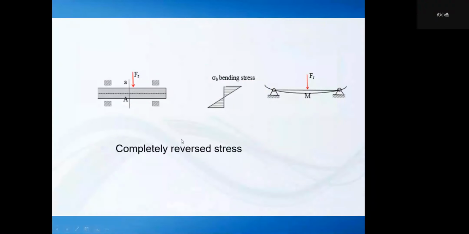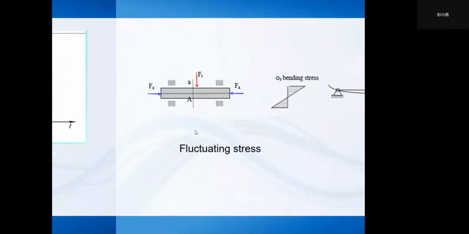This is a fluctuating stress, the completely reversed stress. So the load FR, the bending stress, FR is static stress. So static stress can generate fluctuating stress.